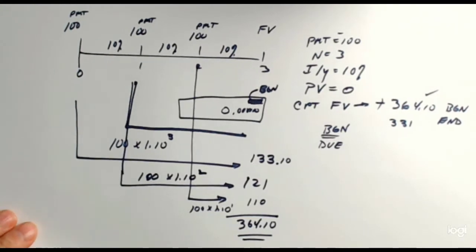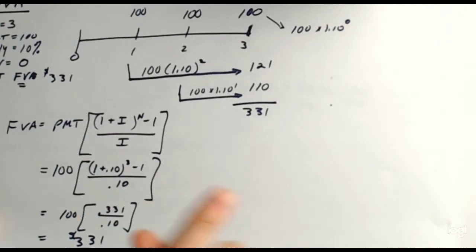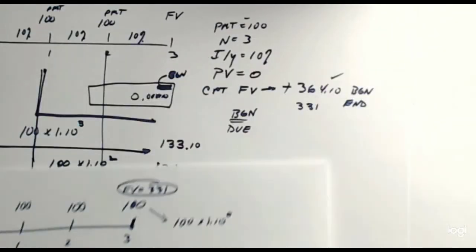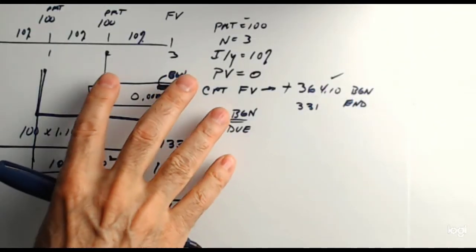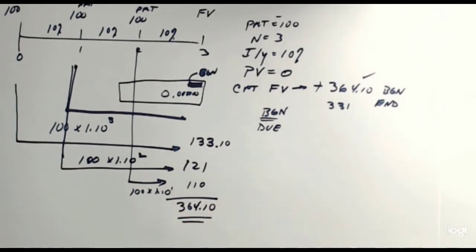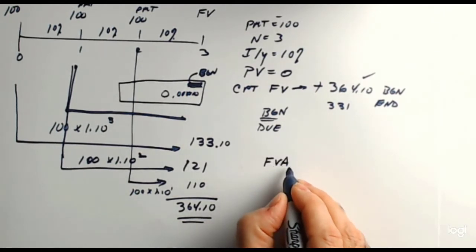Now, in terms of the formula, remember I gave you this formula right here. Future value of an annuity, and it was the big formula we calculated the 331. Let's see if we can use a big formula here, so to speak, to calculate this 364. The way to do it is we're going to look at the future value of an annuity due.